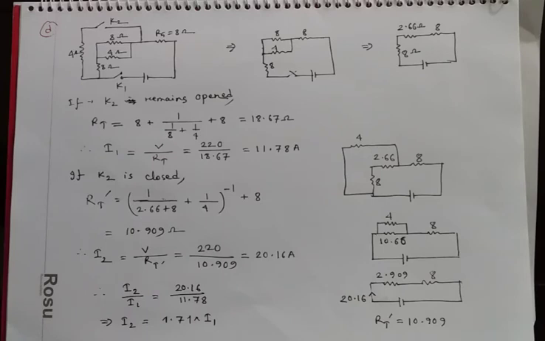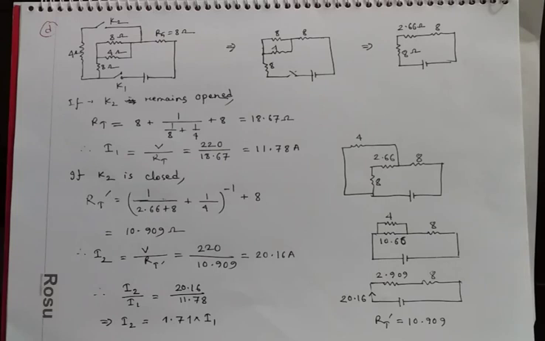So finally we have got the total resistance for the second condition, 10.909, and from this we calculate the current I2. I2 means the current when key 2 is closed. So I2 equals 20.16 amps.